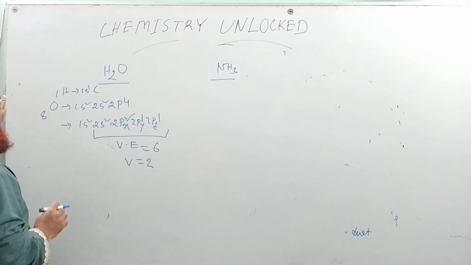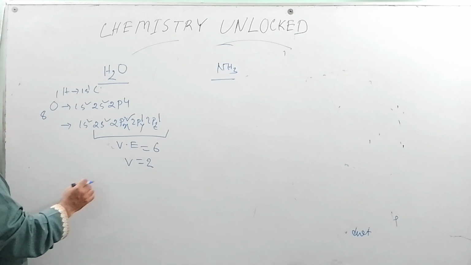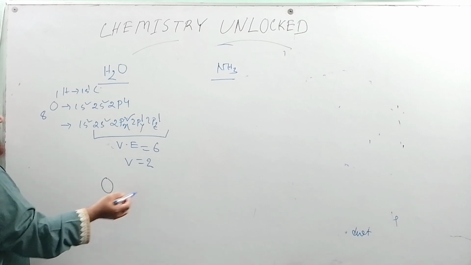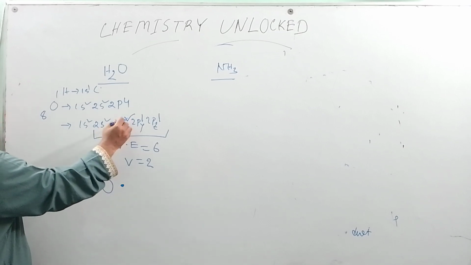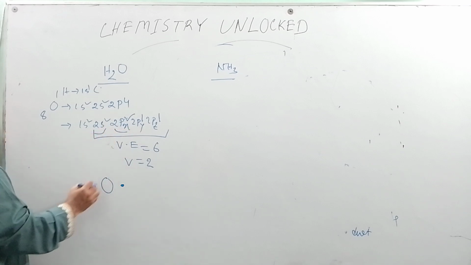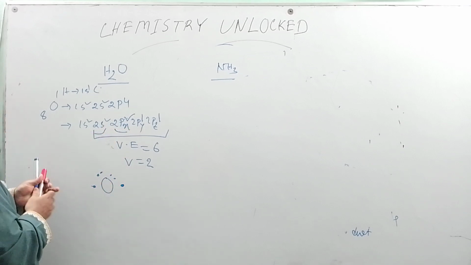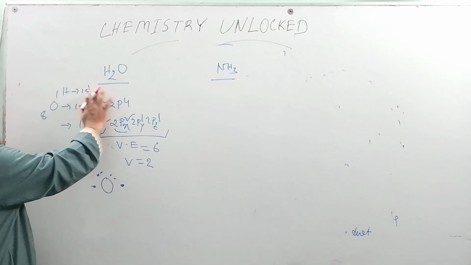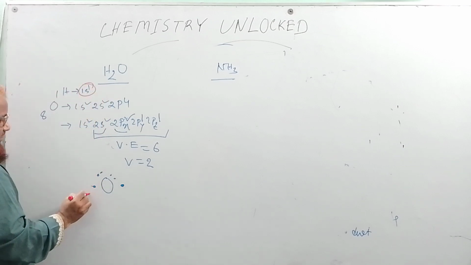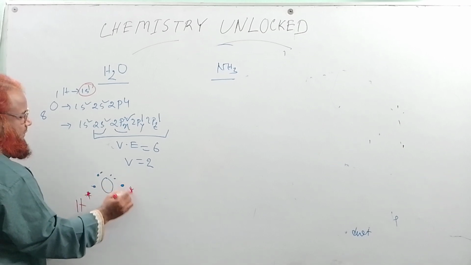Okay. Now you can draw the diagram of this water molecule. Oxygen has 2 unpaired electrons, 1, 2, but has 2 pairs as lone pairs, and we have already said that the unpaired electrons become paired. Hydrogen has 1 unpaired electron, which will be paired with the unpaired electron of oxygen.